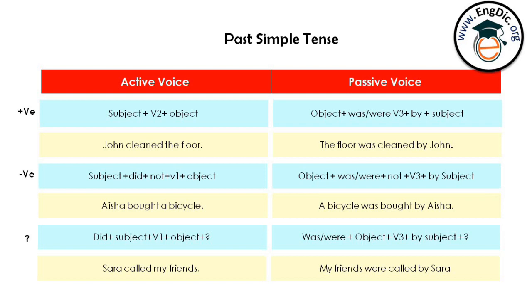The example is, were my friends called by Sarah? Question mark. Were my friends is the object, third form of verb is called, by, subject is Sarah, and then the question mark.